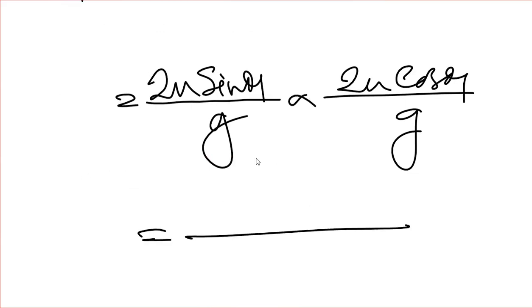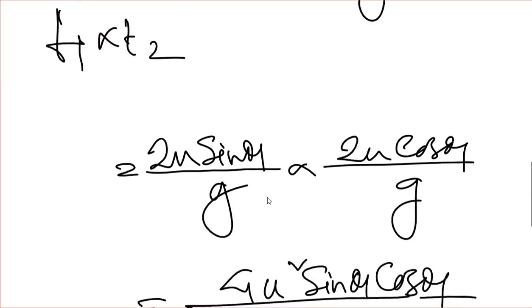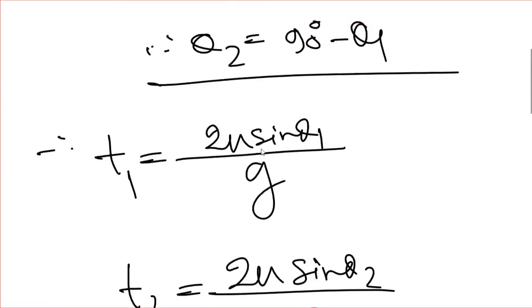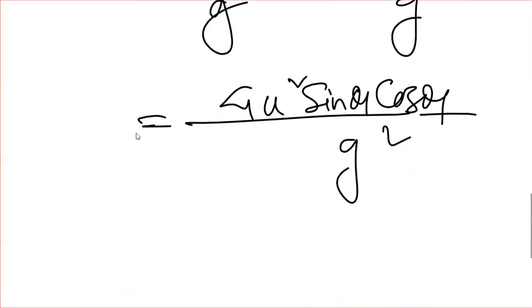So it will be 4u square sin theta 1 cos theta 1 divided by g square. Now we have to find the relation of t1 t2 with R.